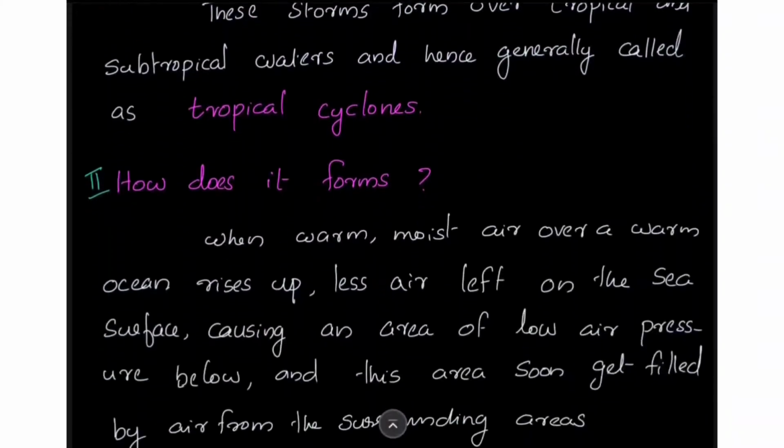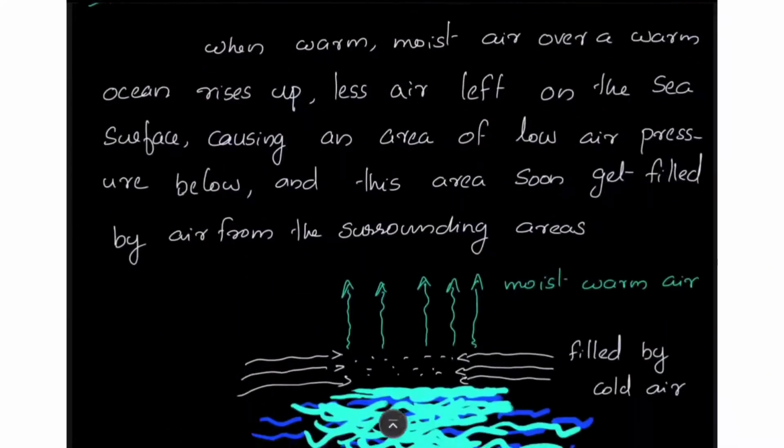And the second question is, how does it form? When warm moist air over a warm ocean rises up, less air is left on the sea surface, causing an area of low air pressure below, and this area soon gets filled by air from the surrounding areas.